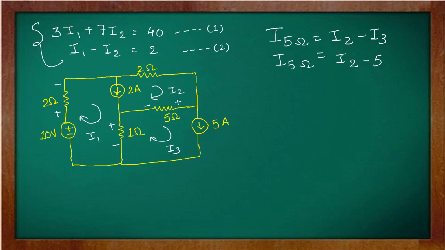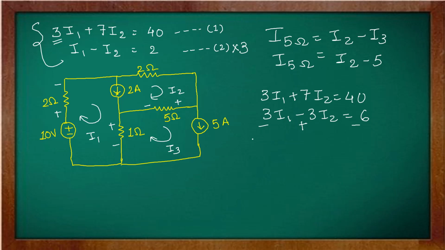So we have to cancel I1. Here the coefficient is 3, so multiply this equation with 3. First write down the first equation as it is: 3I1 plus 7I2 is equal to 40. Now multiply the second with 3. What we get? 3I1 minus 3I2 is equal to 6. Now change the sign, minus, plus, minus.